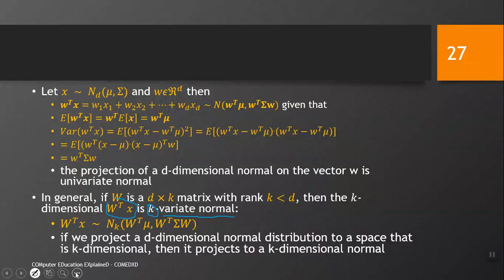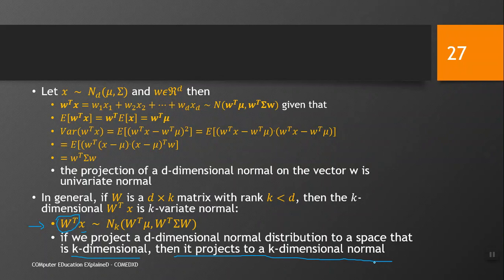In general, we have seen that W^T x belongs to N_k(W^T mu, W^T Sigma W), right? W^T is just a weighting factor or the set of parameters that we are associating with our data. It means that the case is simple: if the data is normal, the parameter would also be normal. If we project a d-dimensional normal distribution to a space that is k-dimensional, then it projects to a k-dimensional normal.